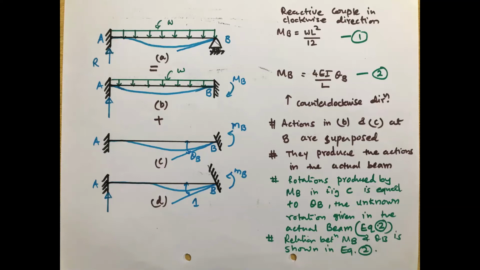Now here we have unknown displacement or rotation. So can we remove the unknown rotation to make the structure kinematically determinate? To make the structure kinematically determinate, we have to remove that rotation theta B.